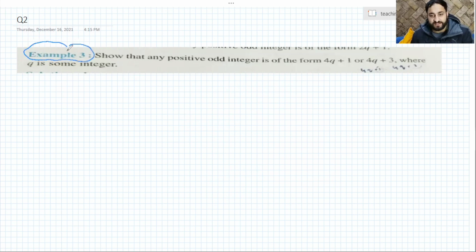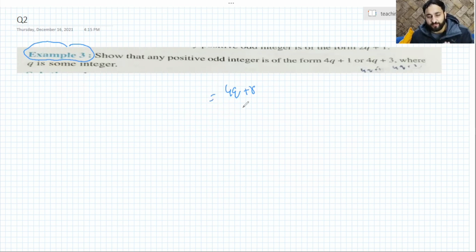This example is similar to example 2. What we need to show is that any positive odd integer is of the form 4q plus 1 or 4q plus 3, where q is some integer. Can you write any positive integer in the form of 4q plus r by Euclid's division lemma?